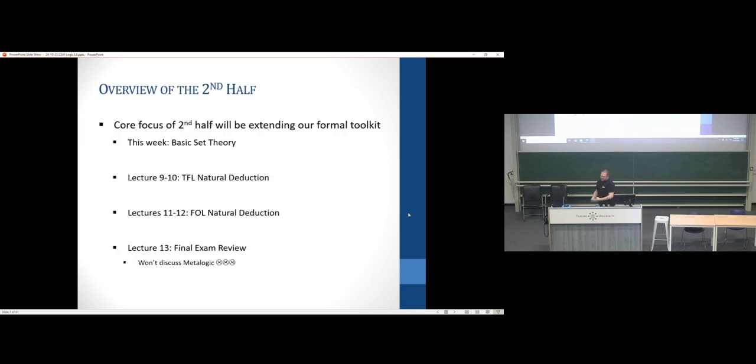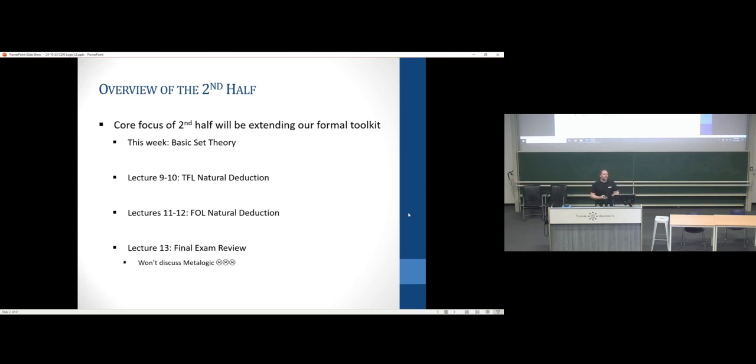The core focus of the second half of the course is going to be extending our formal toolkit. As I said, this week is our palate cleanser on set theory. From then on out, we're going to work on natural deduction. We'll talk more about what exactly that is in the next lecture. But broadly, natural deduction, especially when it comes to FOL, is the complement to our semantic machinery.